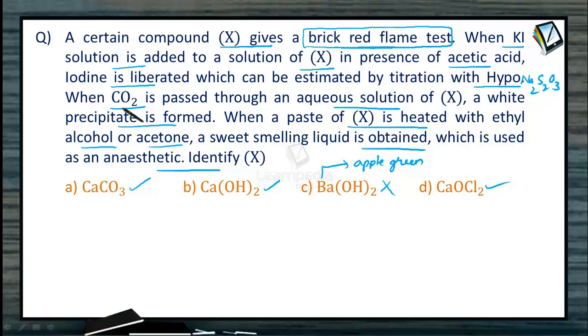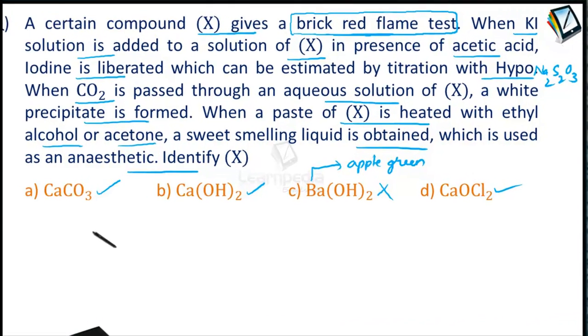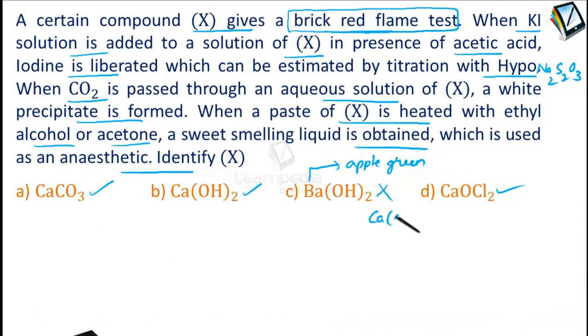Yes, it is given as CO2 is passed through an aqueous solution of X, a white precipitate is formed. So from these options, there are two possibilities. When calcium hydroxide solution is taken, and when we pass carbon dioxide into it, definitely we get a white precipitate of calcium carbonate, isn't it? So calcium hydroxide can be our answer.